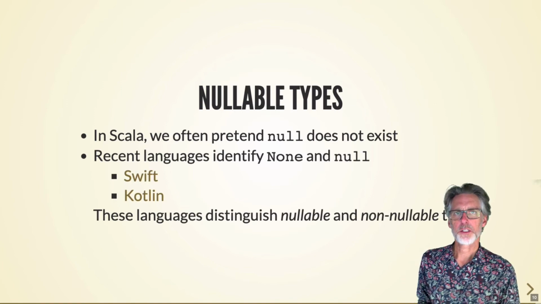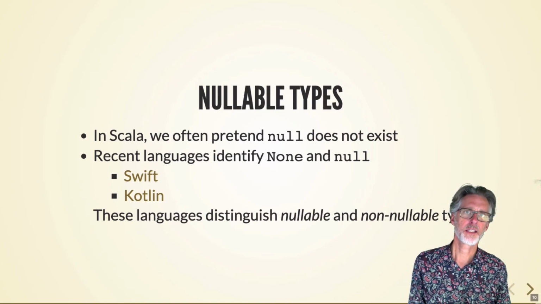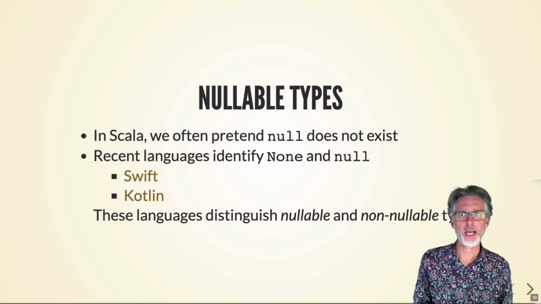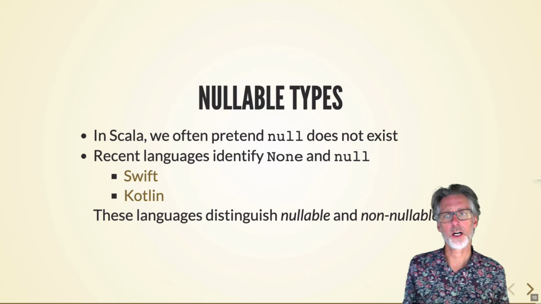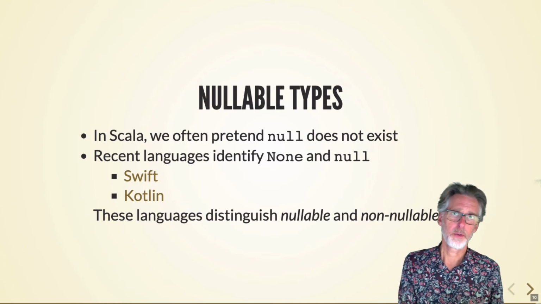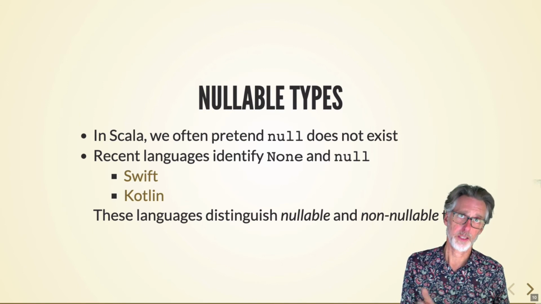In recent languages, there's been a move to unify the concepts of option types and null. These are called nullable types. Two prominent examples are Swift and Kotlin. Swift is used to program iOS, and Kotlin is used to program Android.